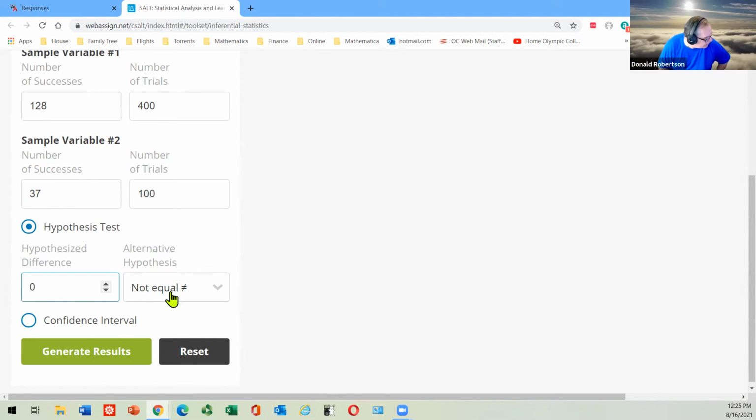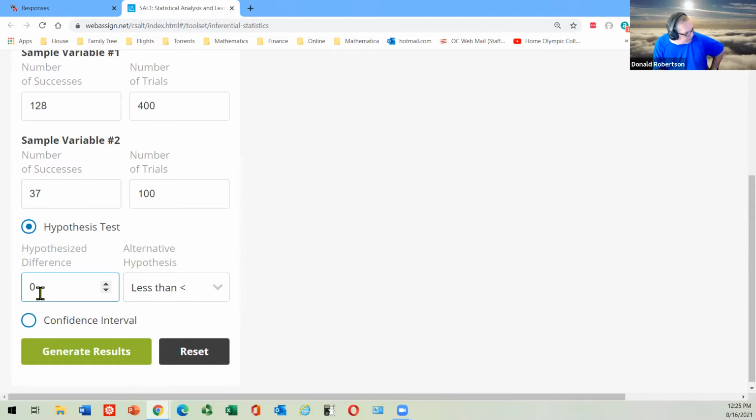Now, in our story, wasn't our alternative hypothesis that it was less than? Although that might not look like H naught, P1 take away P2 equals 0, and HA, P1 take away P2 is less than 0, that's how you type it into SALT. It's kind of cryptic.